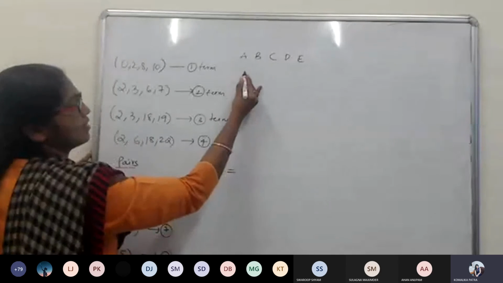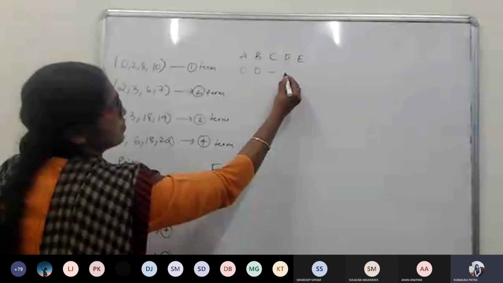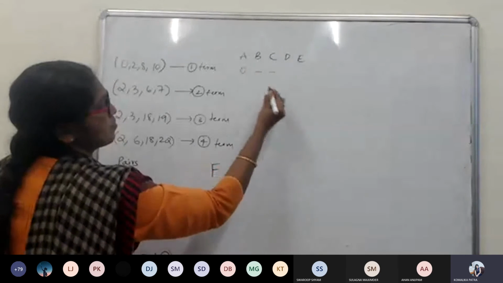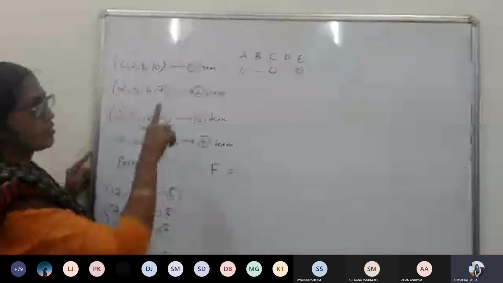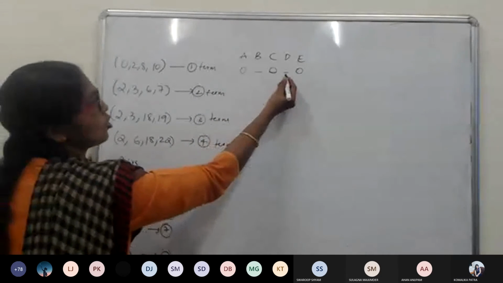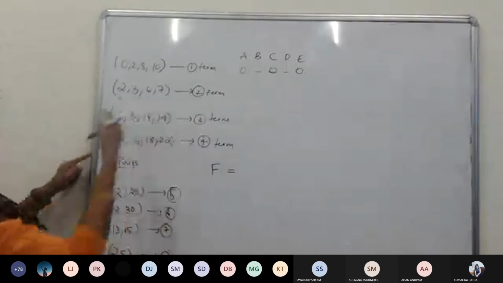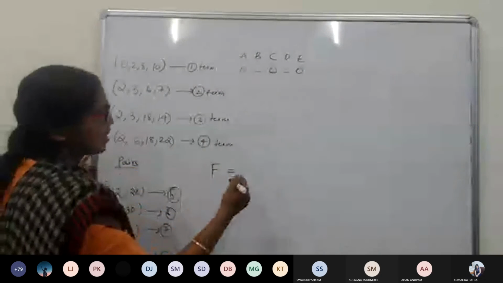0, 0 bar, 0 bar, 0 bar, 0 bar, 0. Yes. Okay. Second term: 2, 3, 6, 7. This term will be written here.